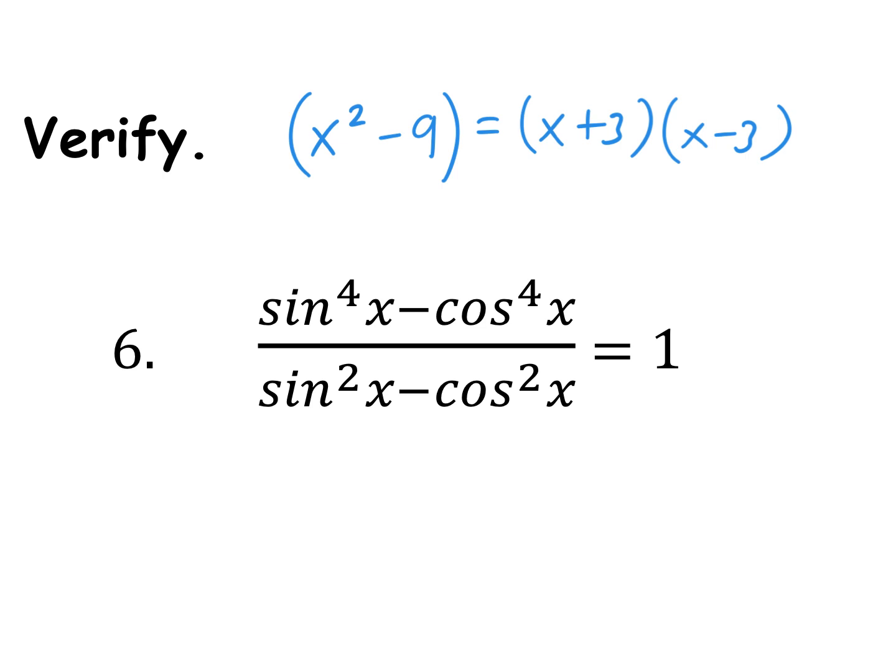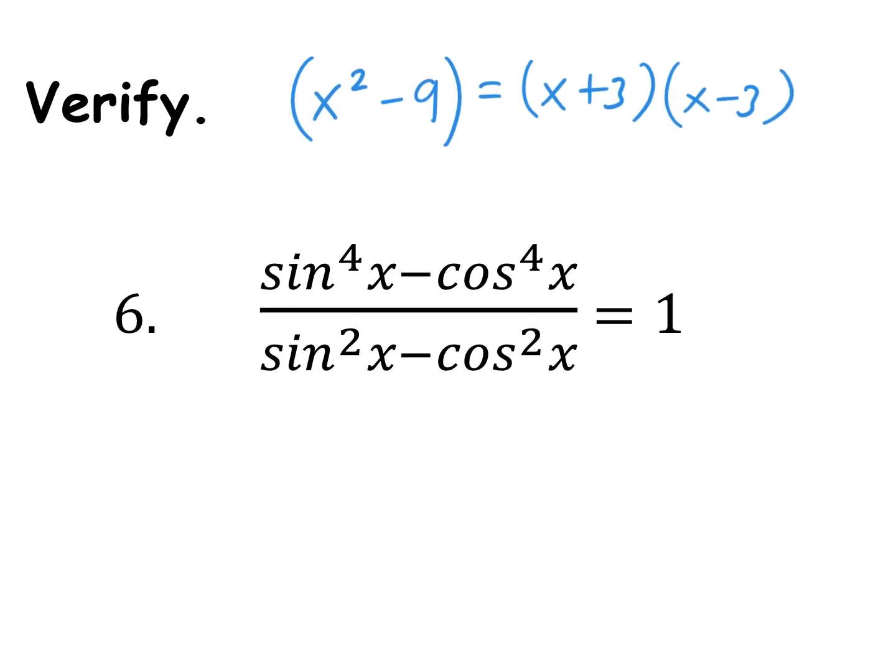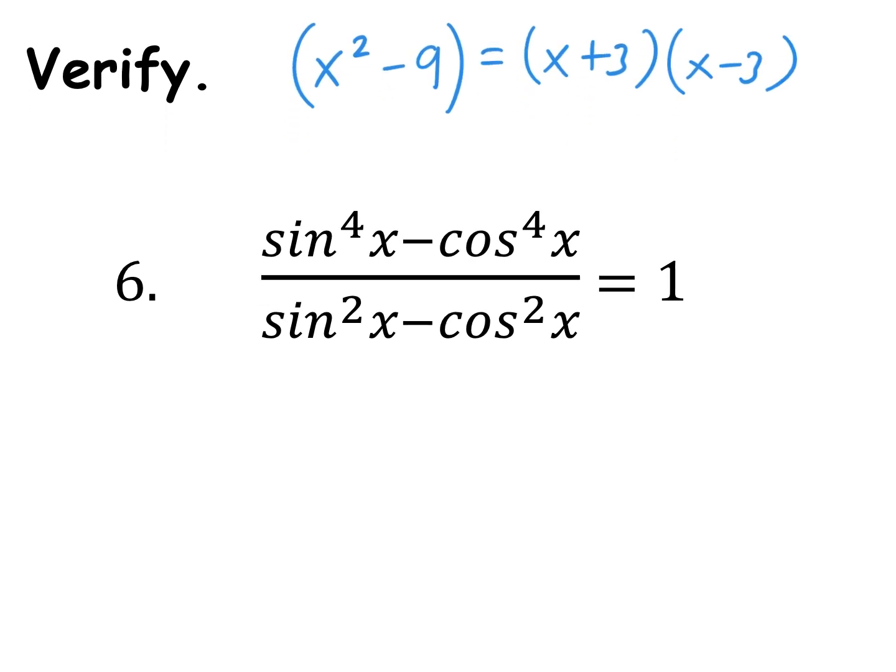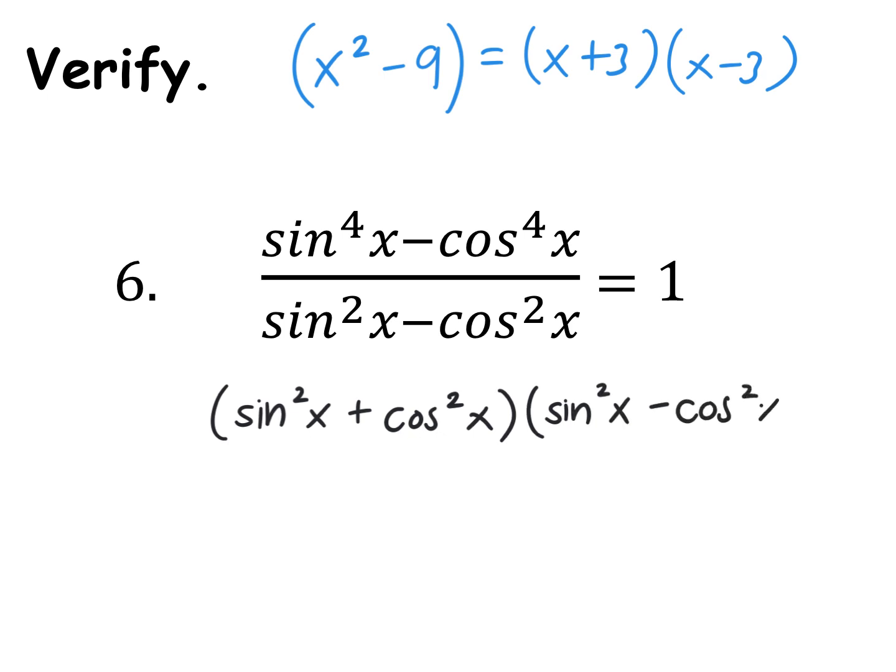Our perfect squares, sine to the 4x and cosine to the 4x. So I could rewrite this numerator as sine squared x plus cosine squared of x, and then times sine squared x minus cosine squared of x. And if I would FOIL that back out, I would end up getting my numerator.